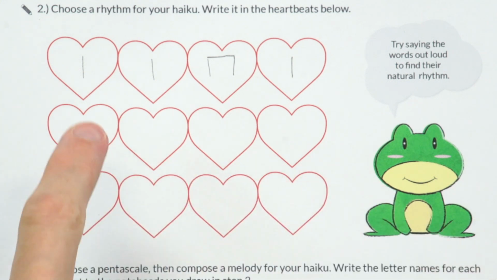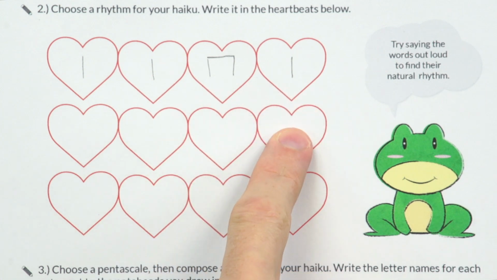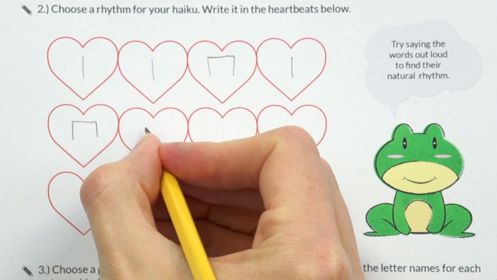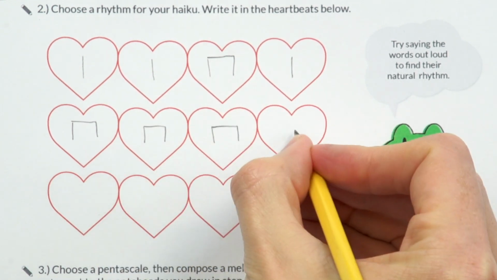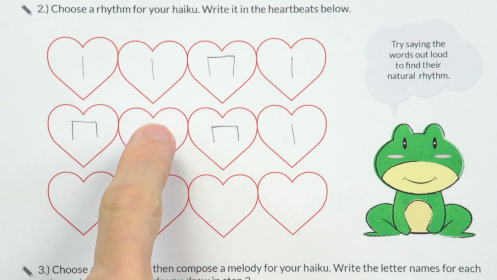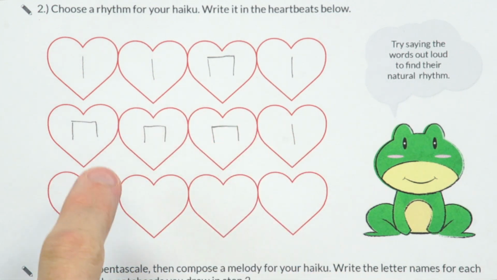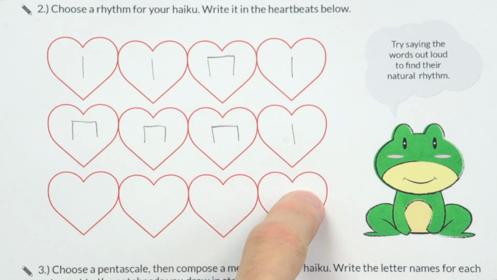My rhythm would be always capped with cold white snow. Now my rhythm is ti, ti, ti, ti, ti, ti, ta. Always capped with cold white snow. Even in summer.